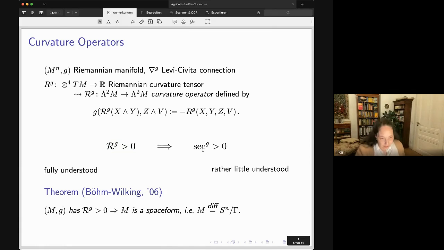Whereas for positive Riemannian curvature operators, things are clear because we have the theorem by Böhm and Wilking from 2006, which claims that if your manifold has positive Riemannian curvature operator, then it's actually locally a space form, meaning just a sphere modulo a discrete subgroup. So there's not much going on, right?